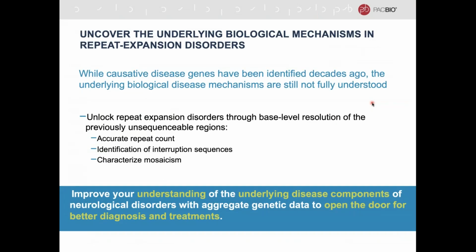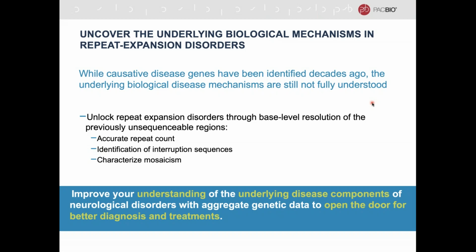So for most of these disorders, the genes were identified already decades ago. But because the researchers could not really find a technology that they could get the sequence information of these repeat expansions, they've been having a real hard difficulty to understand the full biological disease mechanism still to date.